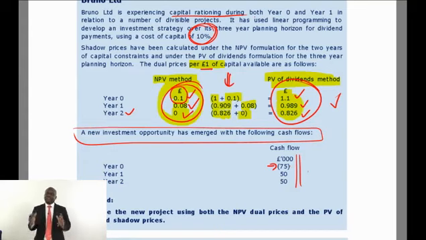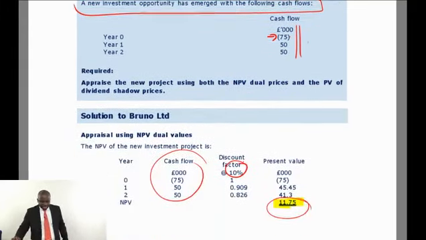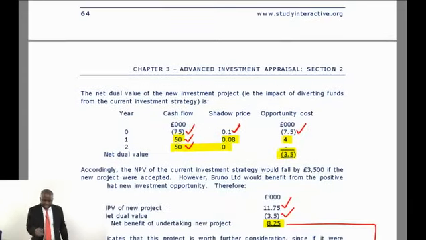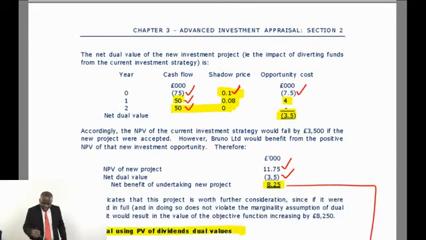Therefore, I have factored in the discount factor I used here. At the same time, I have also factored in the shadow prices I used here. When you bring the two together, that is what gives you the 8.25 directly.